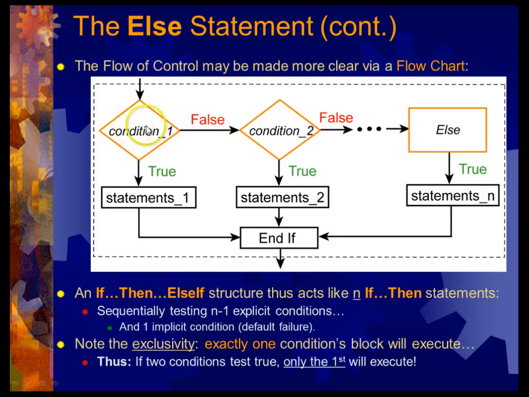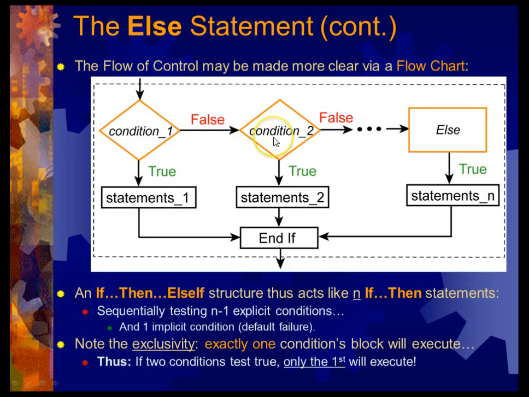Again, let me say it again. If this is true, we said that we're going to go this way, right? Now I'm saying, what if this is true and this is true? Which statements will get run? I can't hear you. Just statement 1, right? You see that?